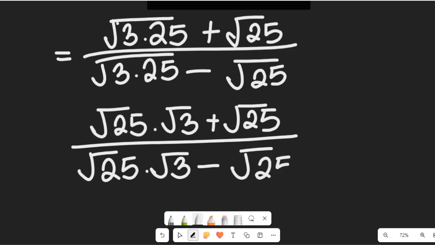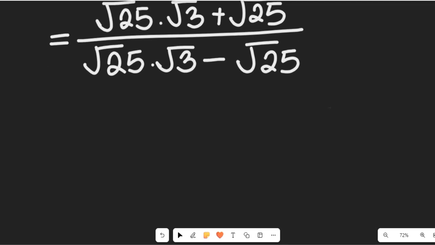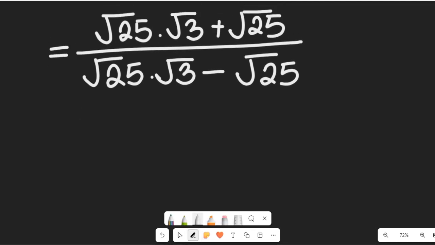Now you notice that some things are common in the expression. We have the square root of 25 over here and over here, so that is common.